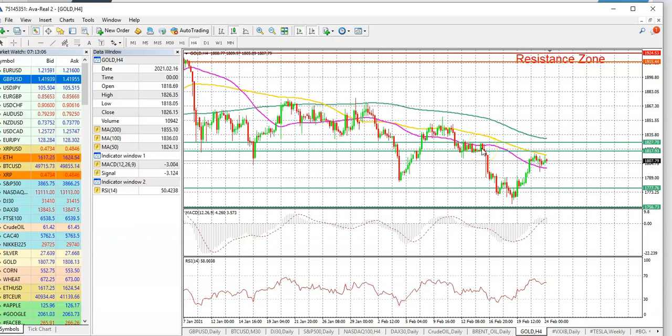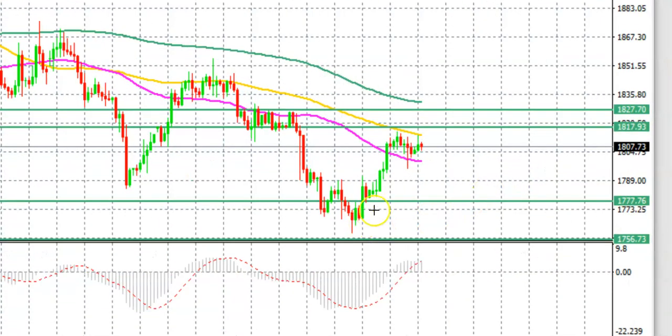Now on the intraday time frame, the most important thing which has happened in terms of gold prices is the prices crossing above the 50-day simple moving average, which is in pink, and followed by that we have the 100, and then finally the 200-day simple moving average.